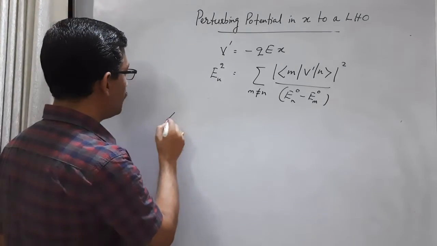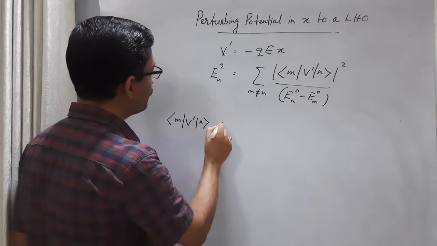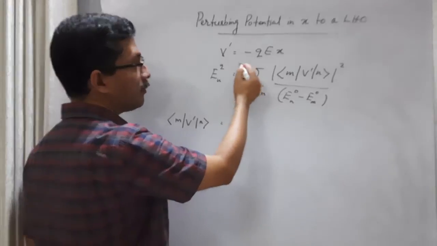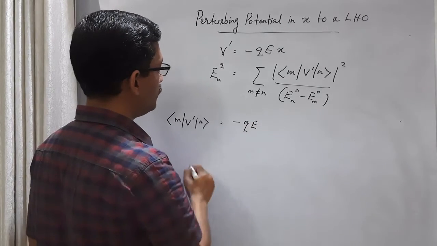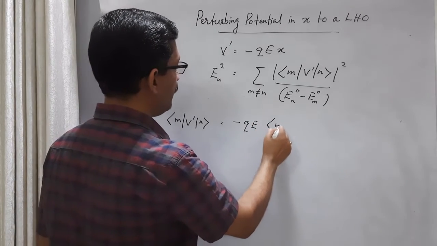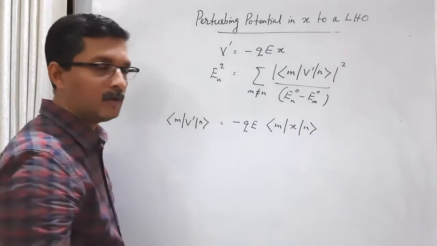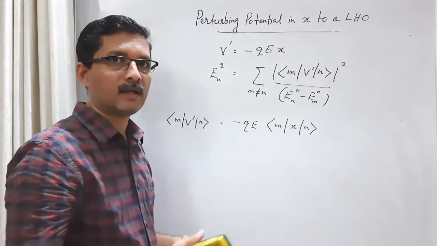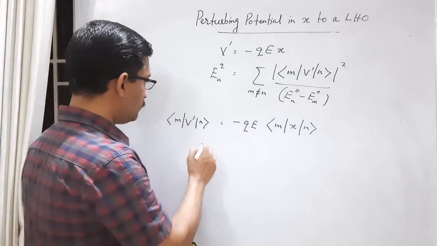So what is this quantity, this matrix element m V prime n? If you substitute for V prime, q and E I can take outside, there is a minus sign also, so minus qE times m x n. I am going to use the Dirac method of calculation using a dagger and a. So what is this x?